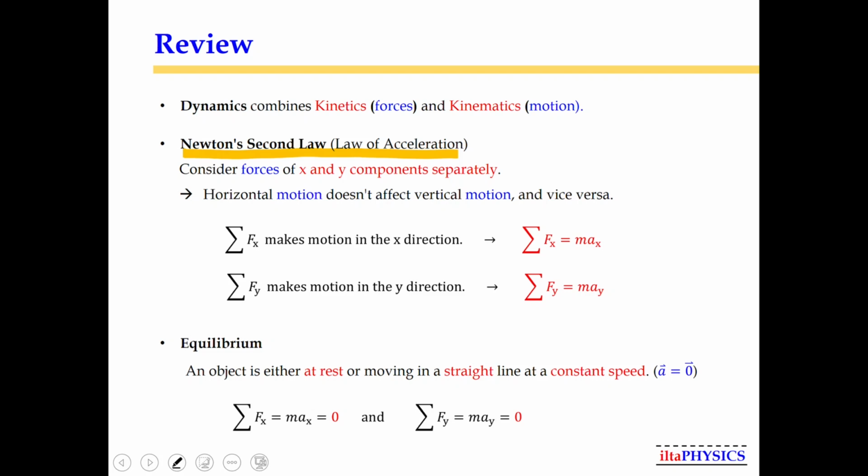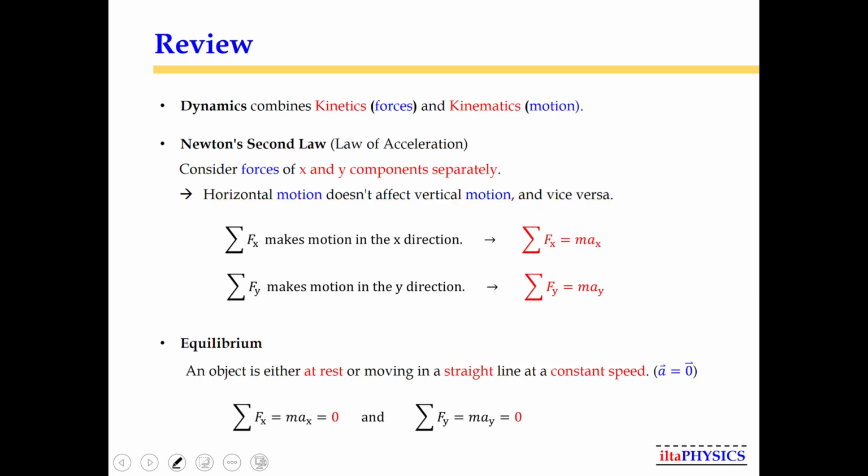To solve dynamics problems, we first draw a free body diagram to analyze the forces acting on an object, separating them into horizontal and vertical components to find the net force in each direction. Because motion in the horizontal and vertical directions are independent, we can analyze each one separately.